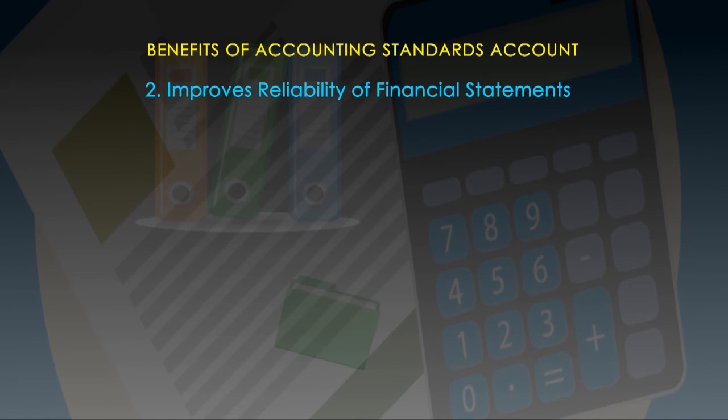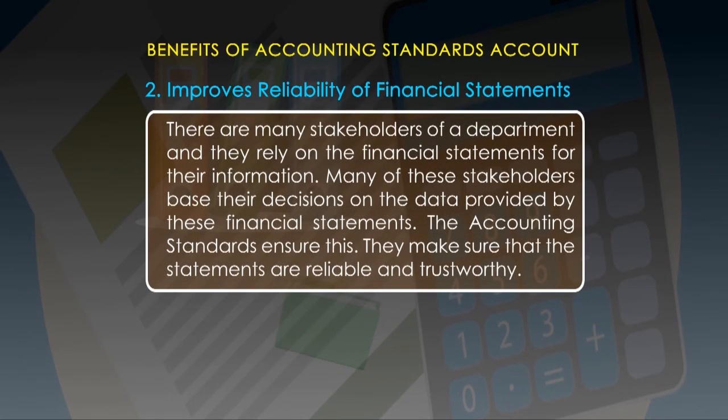Number two, improves reliability of financial statements. There are many stakeholders of a company and they rely on the financial statements for their information. Many of these stakeholders base their decisions on the data provided by these financial statements. The accounting standards ensure this.